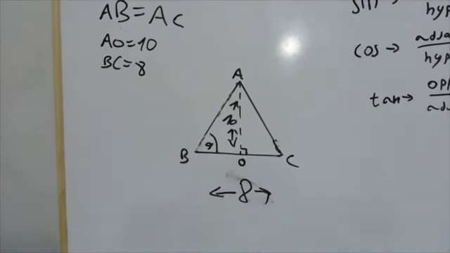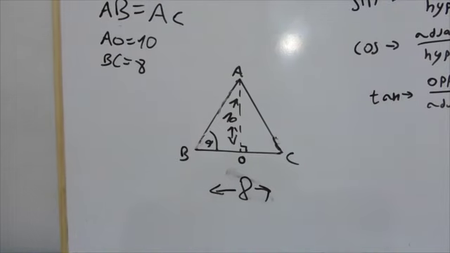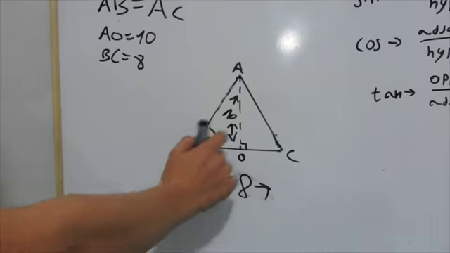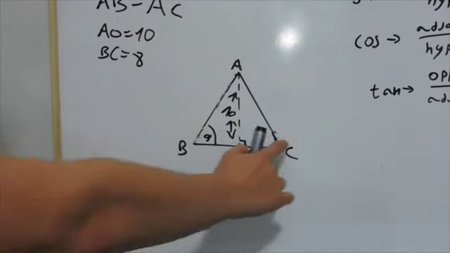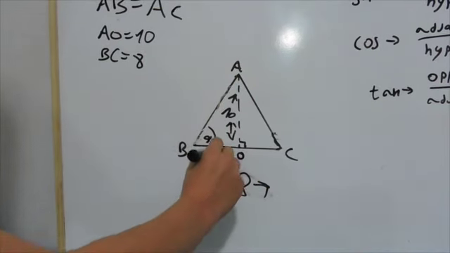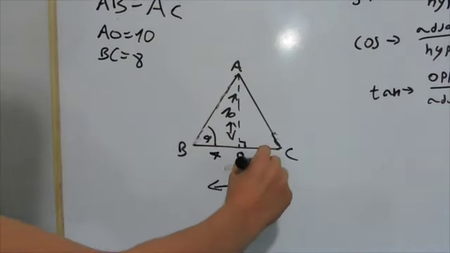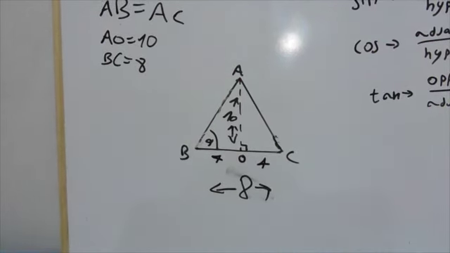Basically, this is the rule in a triangle where AB equals AC, or just two sides equal each other: the line from A to the base, which we'll call AO, divides BC into two equal parts. So BO equals 4, and OC equals 4. 8 divided by 2 is 4.